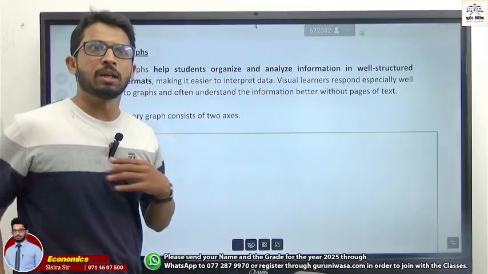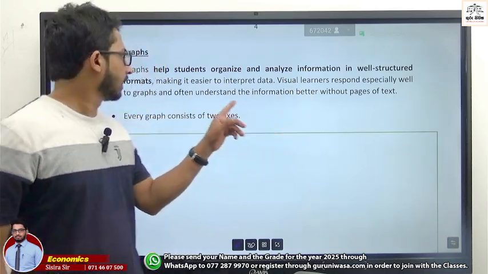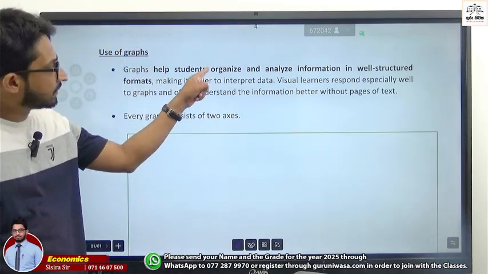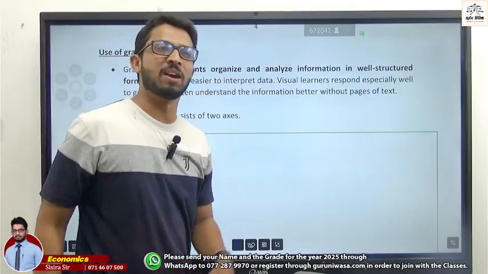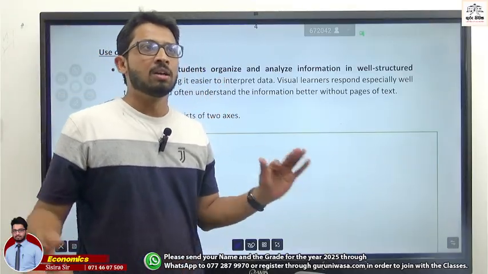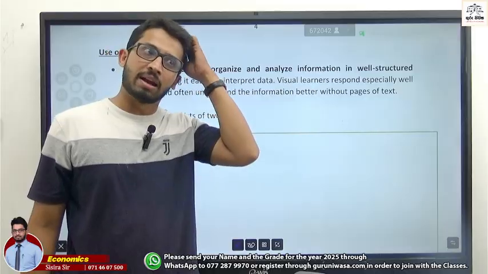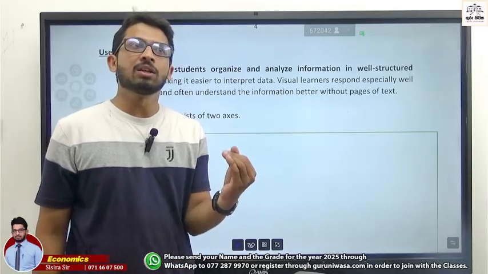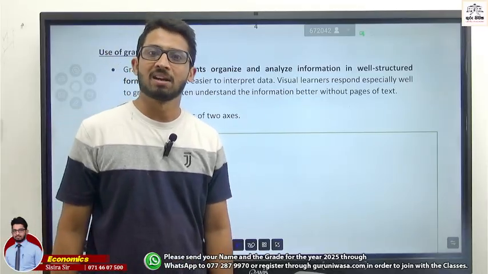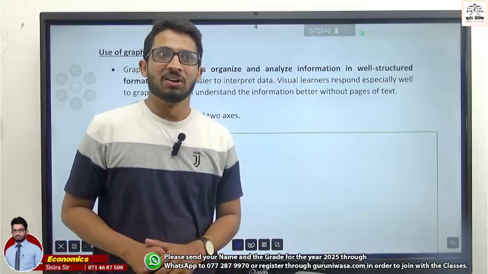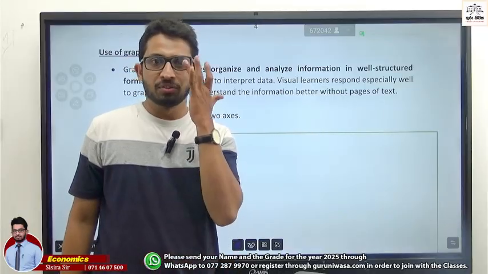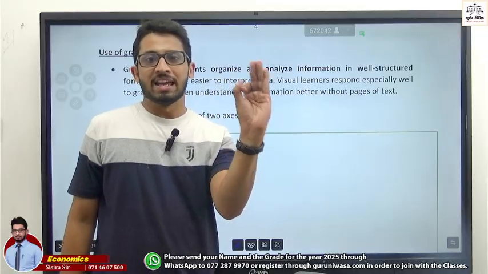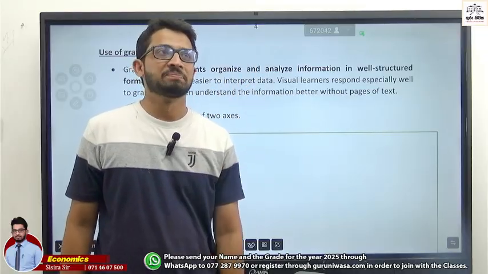Right, look at this, use of graphs. Graphs help students, not only students, everyone. A graph is a graphical representation, a simple method to explain something rather than talking. Using a graph we can explain something nicely.